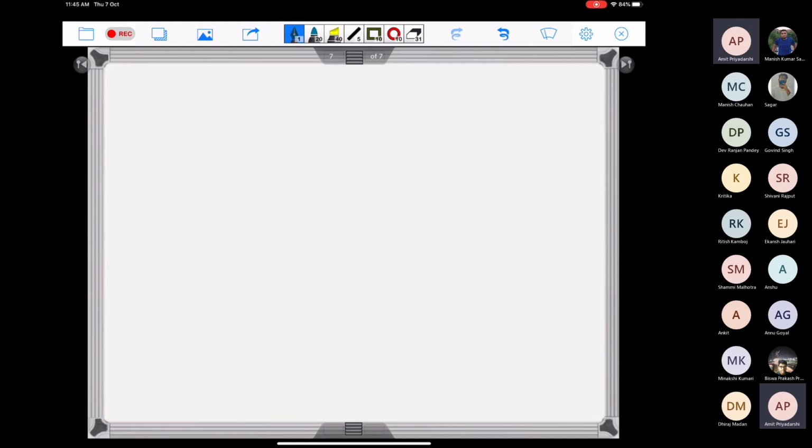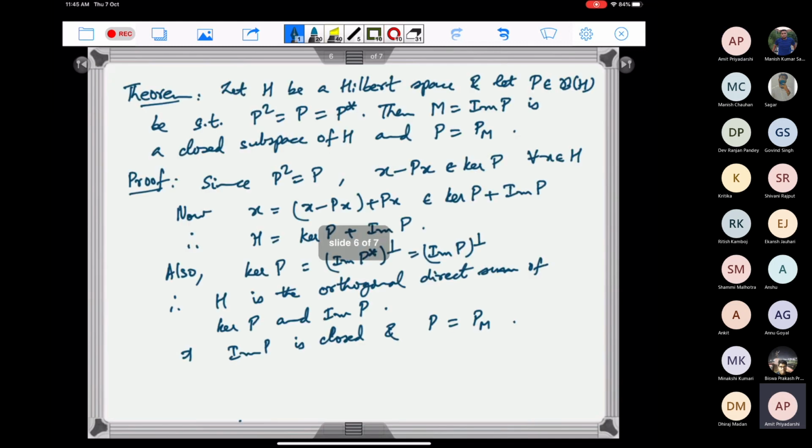So how do we get that image P is also closed? This is because image P is nothing but the orthogonal complement of kernel of P, right? Orthogonal complements are always a closed subspace, right?